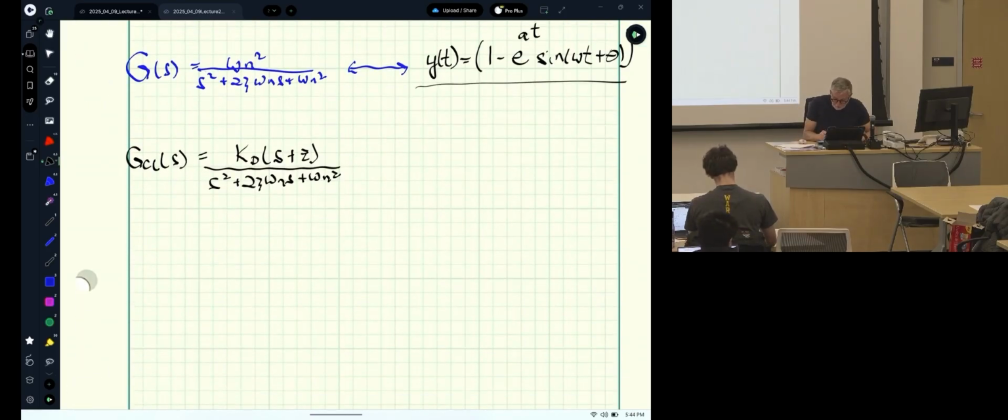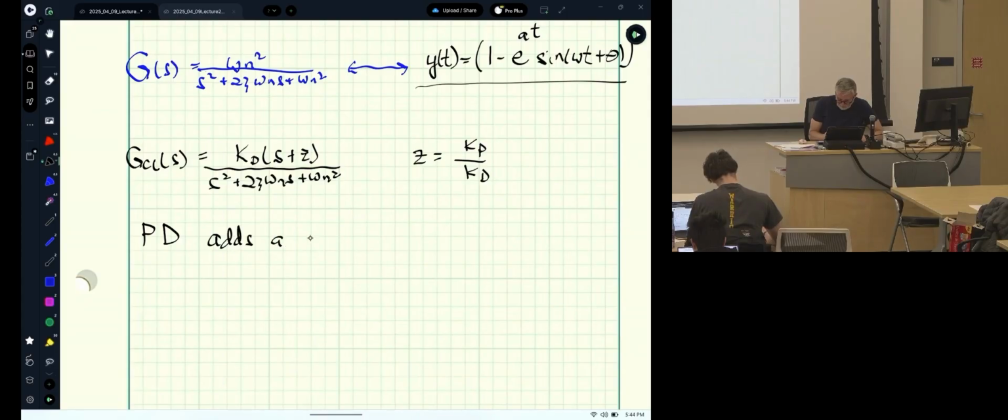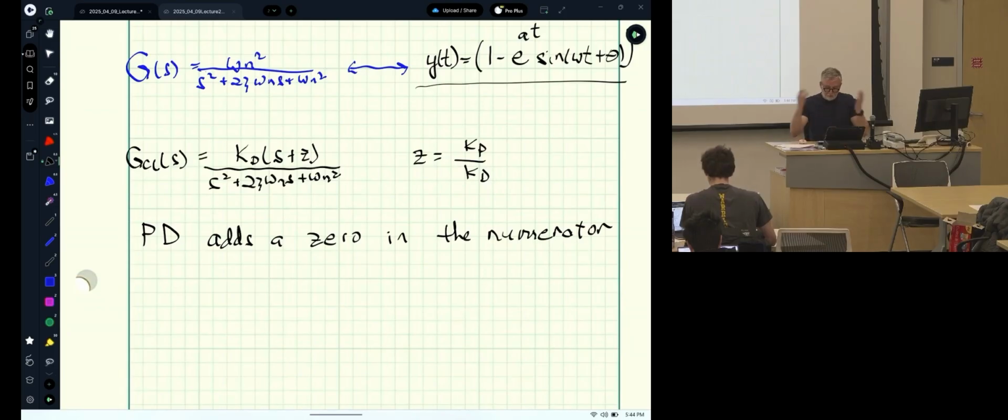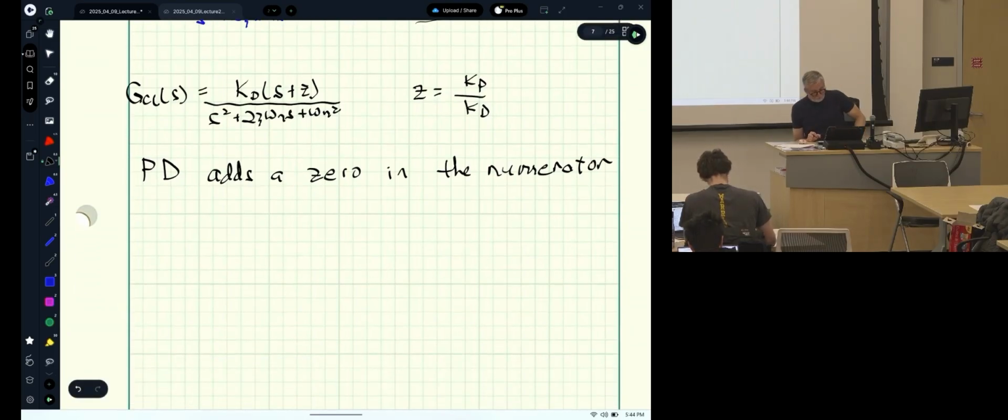Okay, so Z was KP over KD. The PD controller puts a 0 in the numerator. Okay, so the 0's at minus Z.